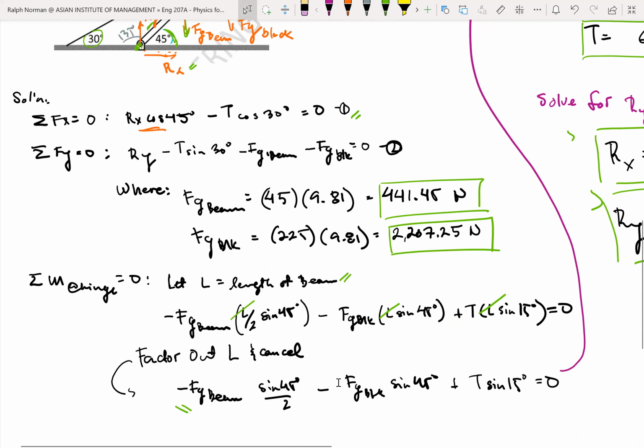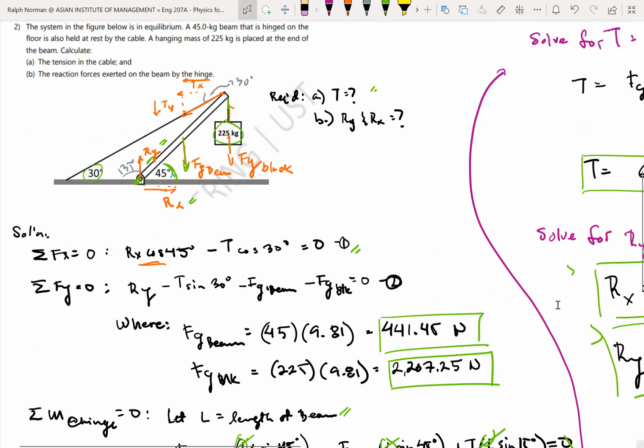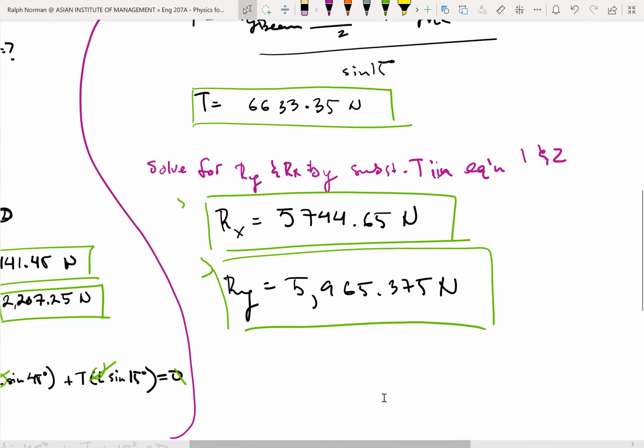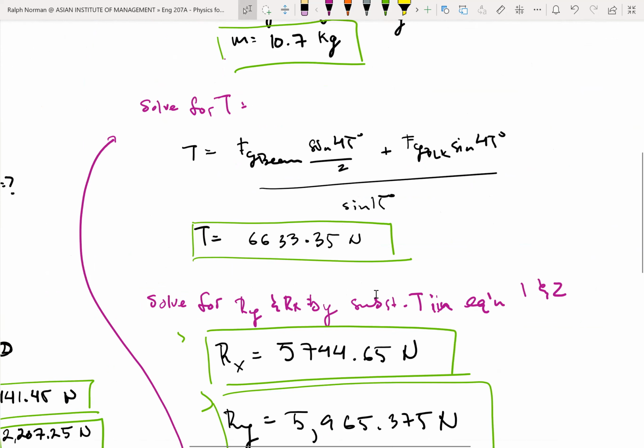And you will see na you can actually factor out L, and maka-cancel out sila to 0 naman eh. And you would be left with this particular equation na naman. From here, you can now simplify and solve for T. So going to solve for T, you're just simply simplifying it.